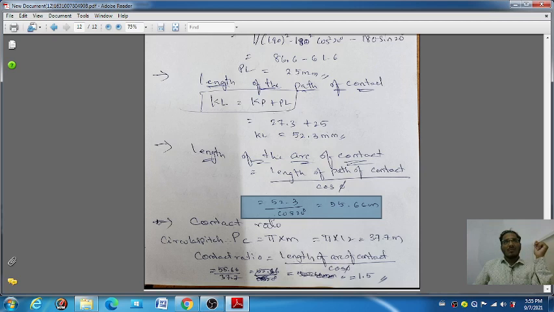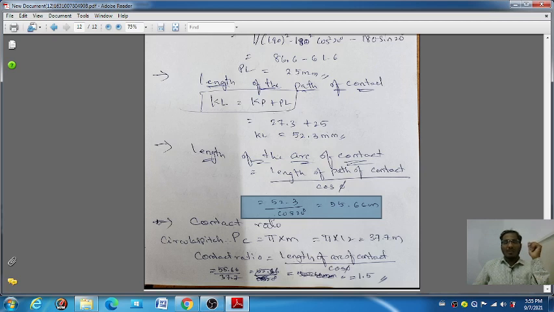For the purpose of finding the contact ratio, you first have to find the circular pitch. As you know, in the previous class, or in this class, the first or second problem, we discussed that the circular pitch PC is equal to pi into m.